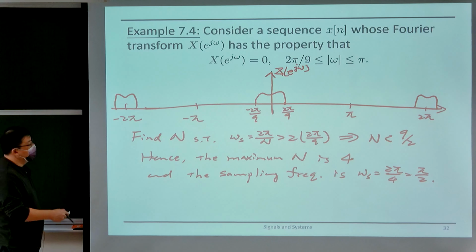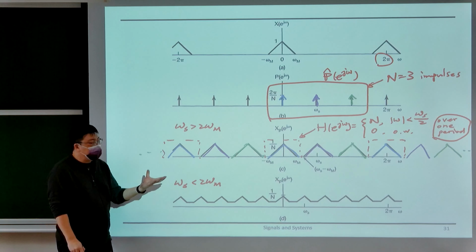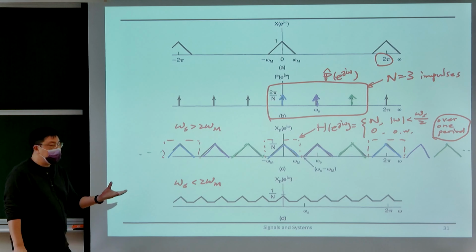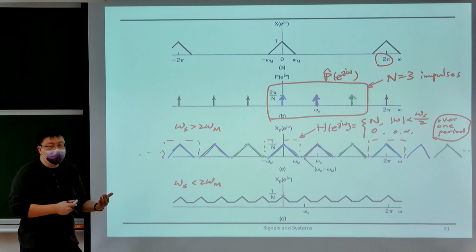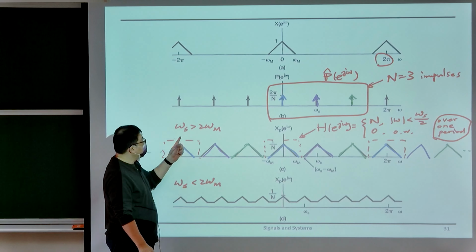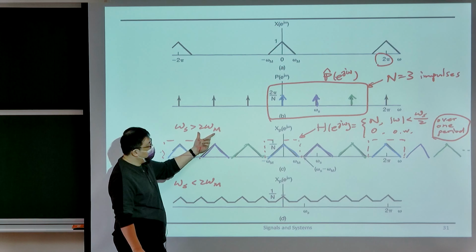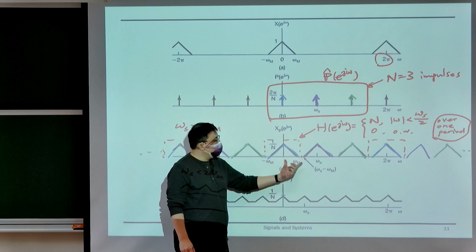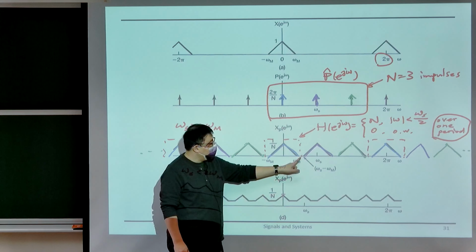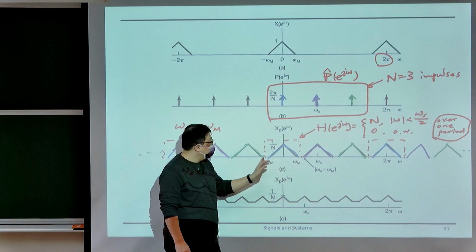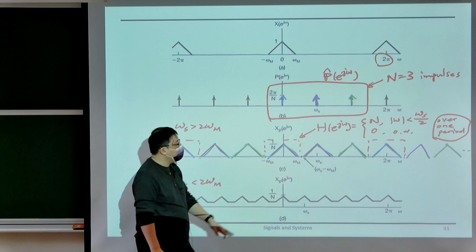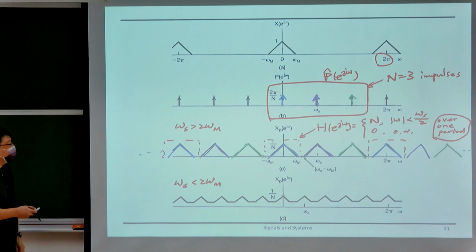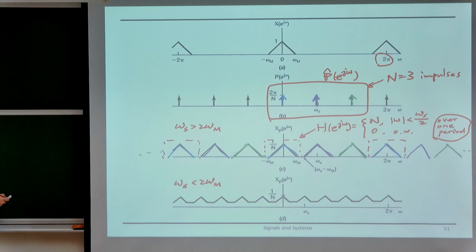So if you pick N small enough such that you're sampling at a rate greater than 2 times the bandwidth, then you have replicas of the spectrum that do not overlap with each other, and therefore you can reconstruct by passing it through an ideal low-pass filter. This operation is described in this page here.